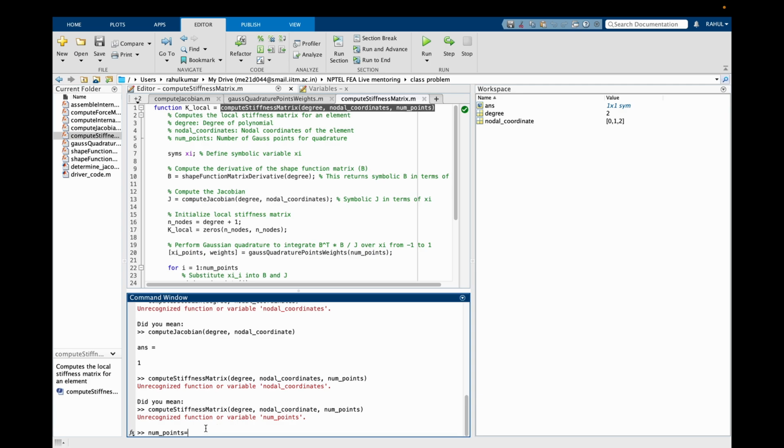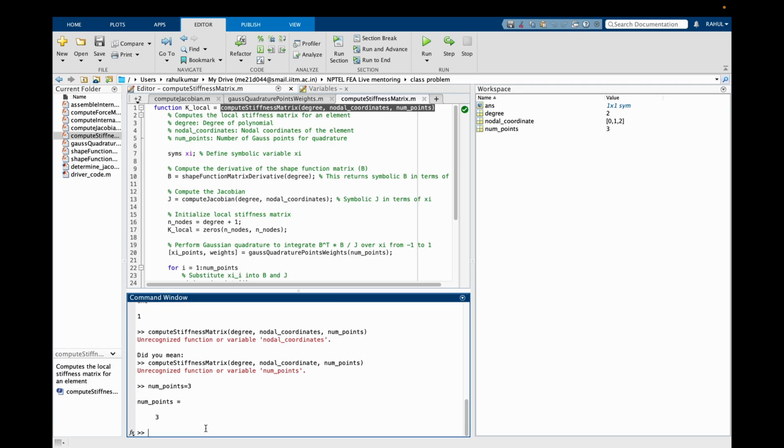What should be the number of points for the integrand? It will depend on which we follow. I've already written degree as 2, nodal coordinate as 3. So what should be the number of points? See? 3. Fine.